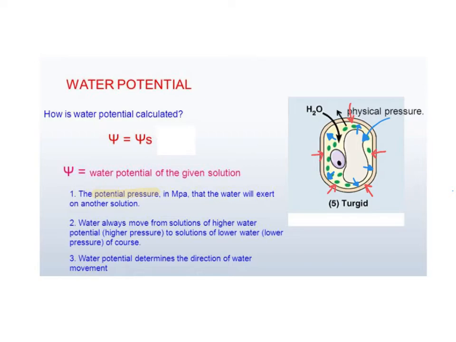So now that you have an idea of what the water potential is, in other words, the pressure that the water is putting on the cell wall of a plant cell when the plant cell is full due to water coming in from a hypotonic solution, it's that pressure. We look at how to calculate that value.